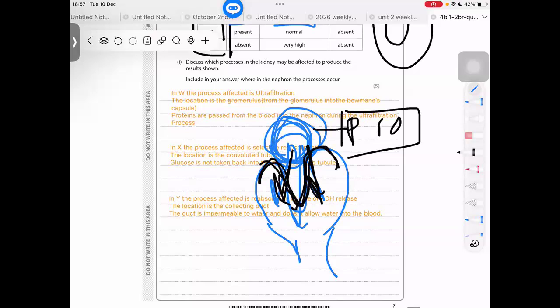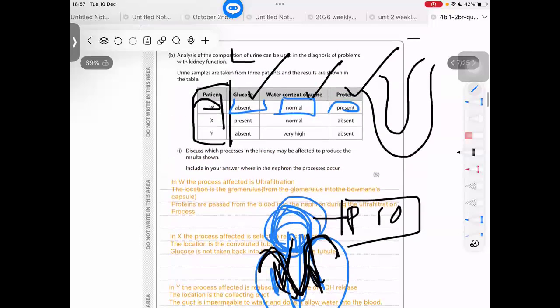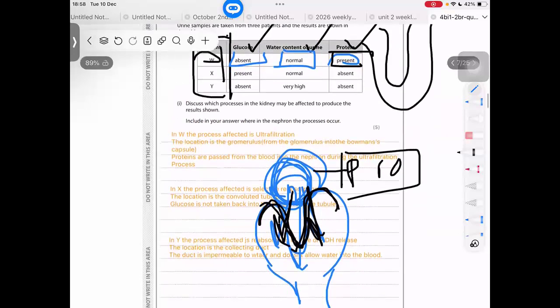Therefore, large molecules like proteins, blood cells and platelets can't go inside the nephron. So if proteins are present in the urine, there is some issue with the ultrafiltration process of that person.